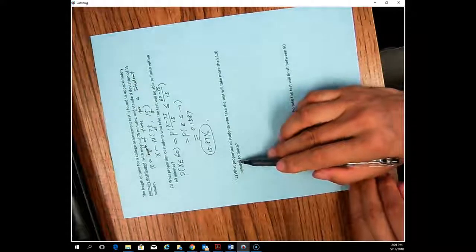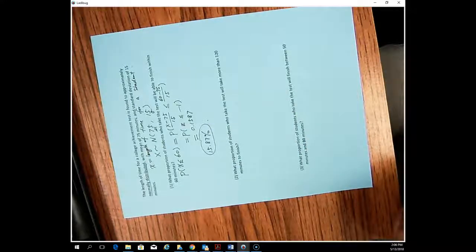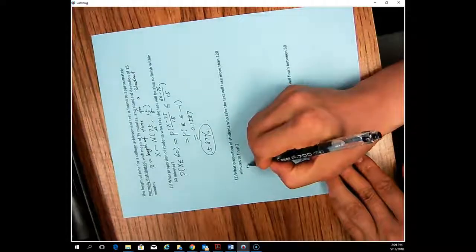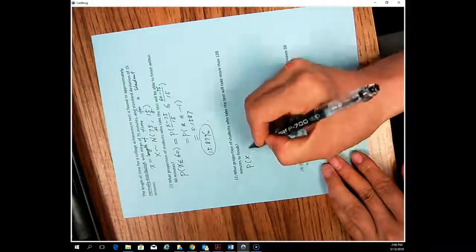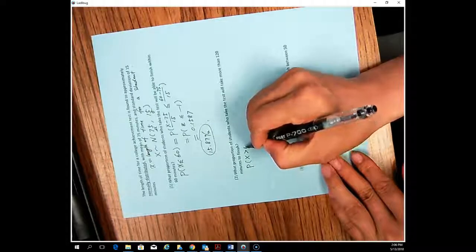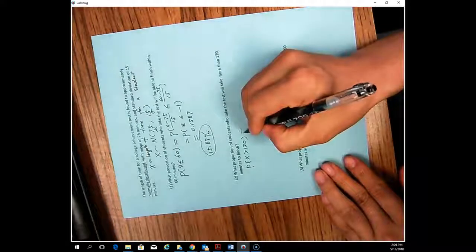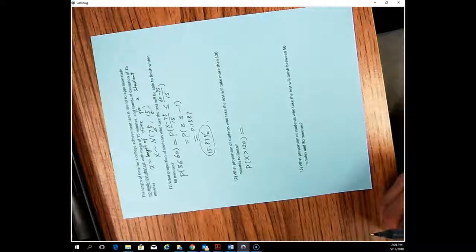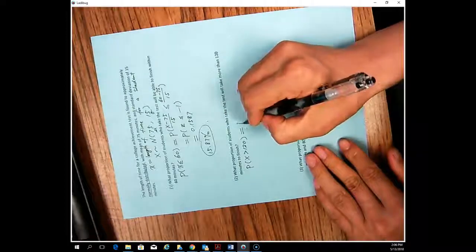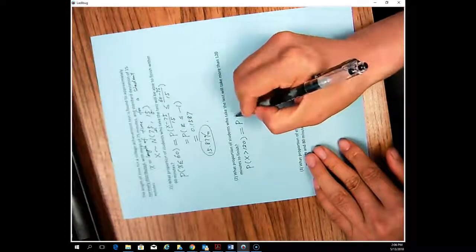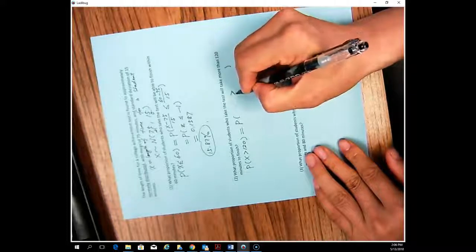Question number 2, what proportion of students who take the test will take more than 120 minutes to finish? So then we're looking for the probability that the time a student takes will be higher than 120. Okay. So then again, we need to standardize x into z. So we're going to keep the sign as is.